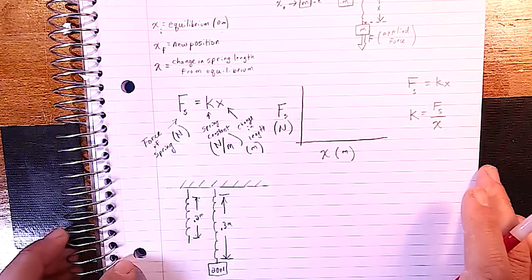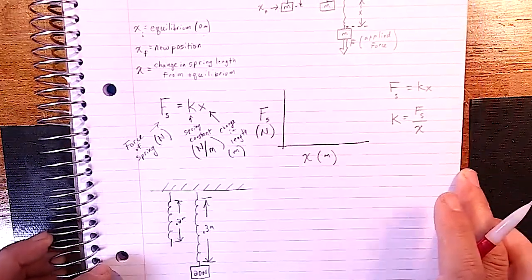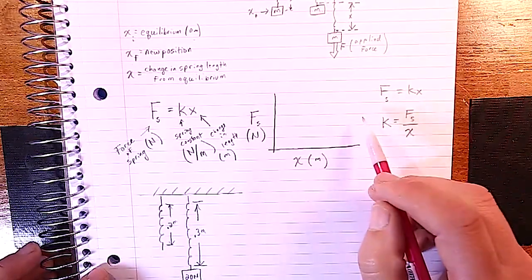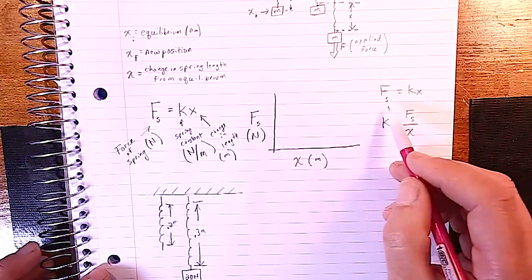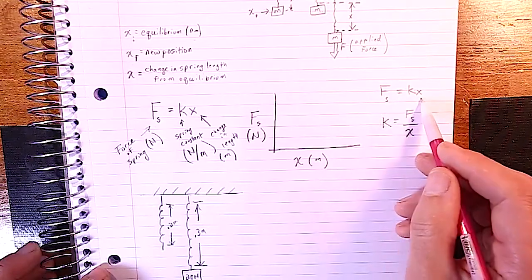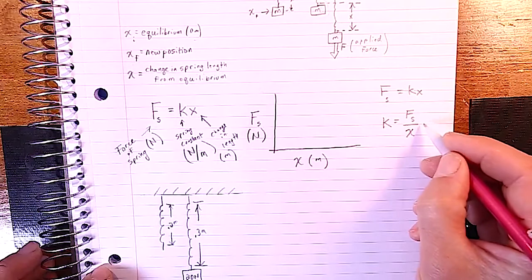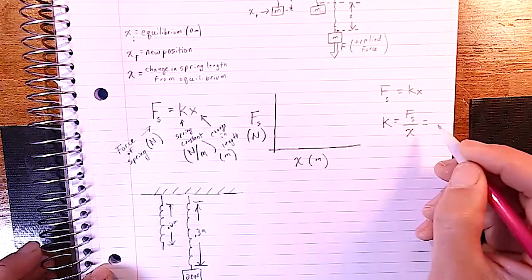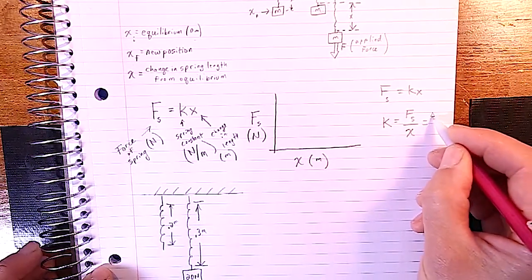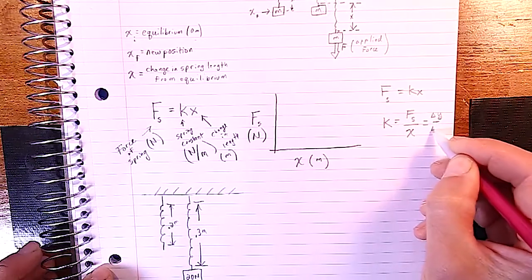So what does this look like when we graph it? The force of the spring is equal to kx, and if we rearrange this formula so that k is isolated, we can have our change in y over change in x.